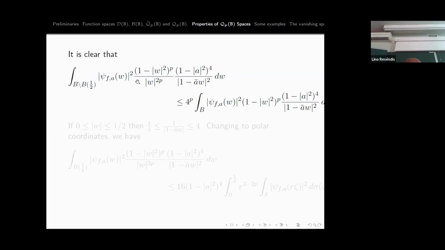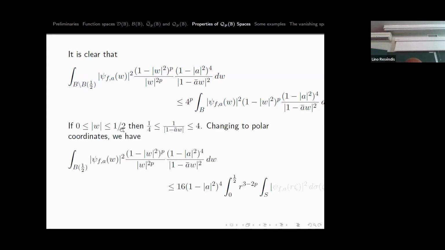Then it's possible to estimate the denominator here because now it's not 0, and we can estimate with this number. We estimate all the integral again in the full unit ball, and then we have here. Why? The problem is when w is equal to 0.